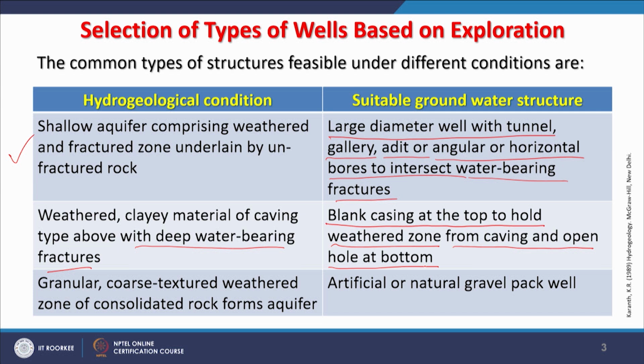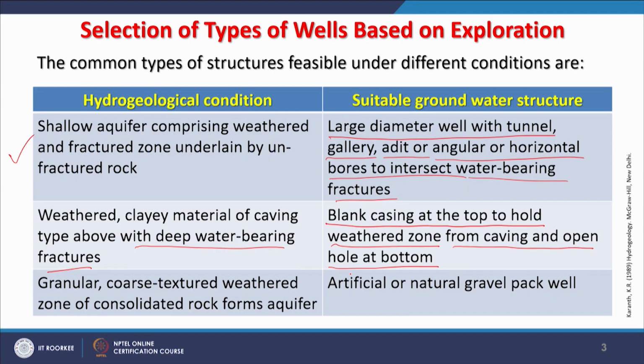In the bottom part we will have an opening or a screen, depending on the type of formation, so that only those screens or slits allow the water to go into the well, and it can be pumped out. But the top part will have completely blank casing and no screening, because this part has caving.